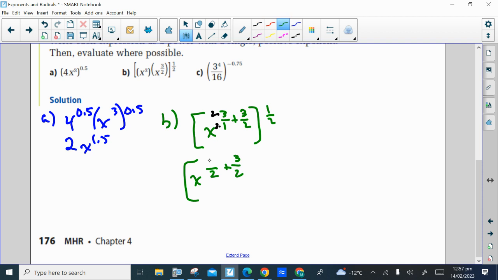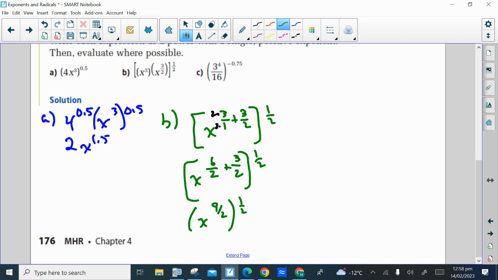And 2 times 3 is 6. So now we can add those fractions together. We have a common denominator. So you add the top. 6 plus 3 is 9. Keep the same denominator. And that's where we are. Inside, when you add the 6 halves and 3 halves together, you'll get 9 halves. Add the top numbers, keep the same denominator.